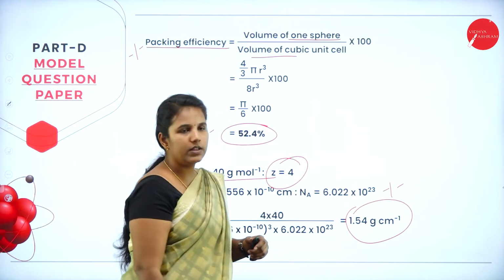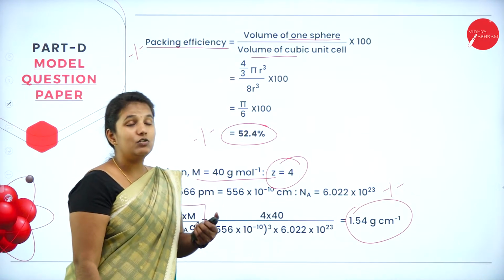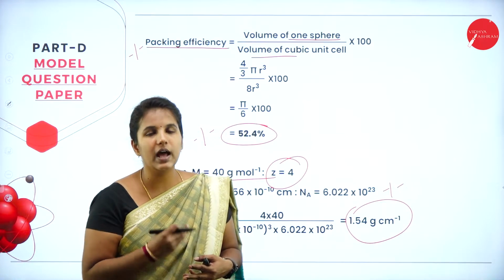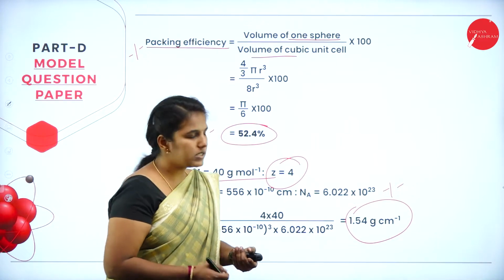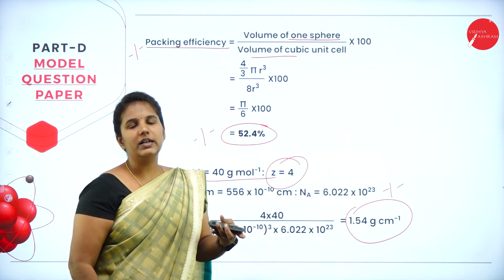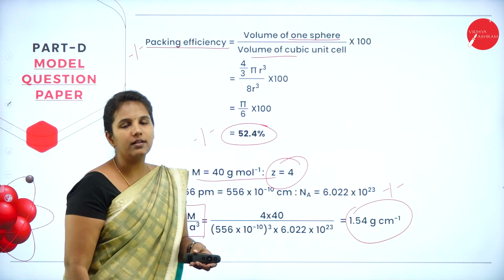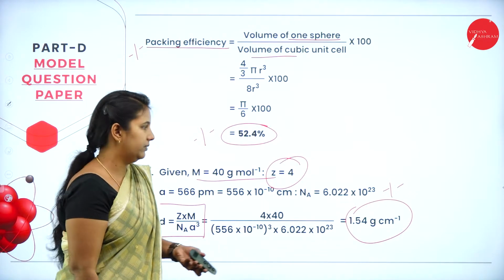Also they have given the Avogadro number. If they don't give the Avogadro number, you must know to substitute it because it's a constant value. We know that it is 6.022 into 10 raised to the power of 23.